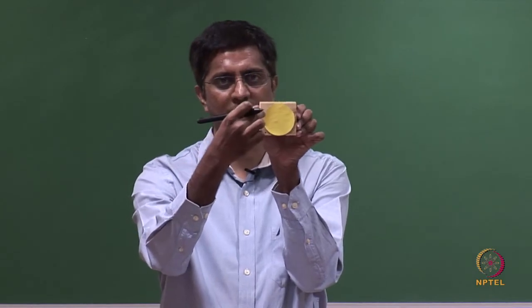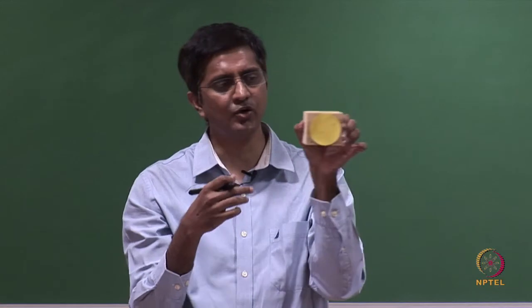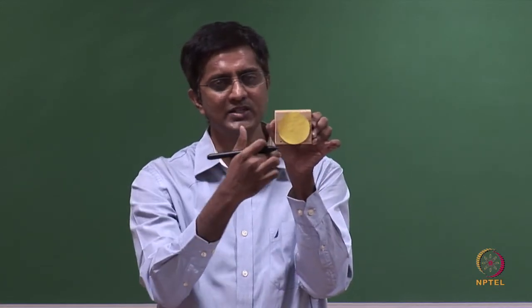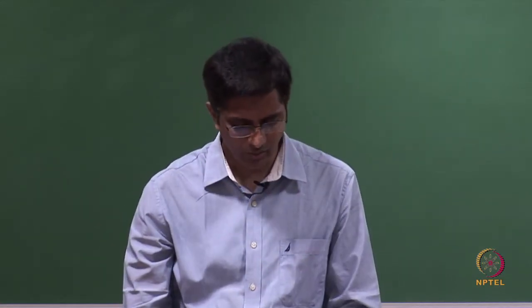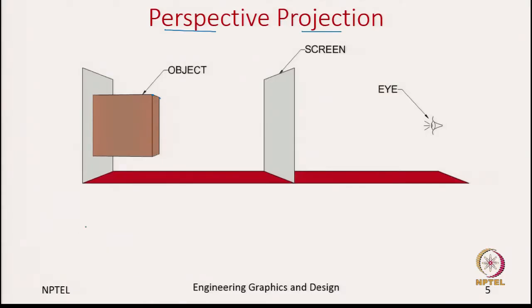So, if you look something like this, what would you see from the front face? Since I say it is a cube, what you will see is a square. So, how do we construct that? So, we take the 4 corners of the square and then draw the projectors.